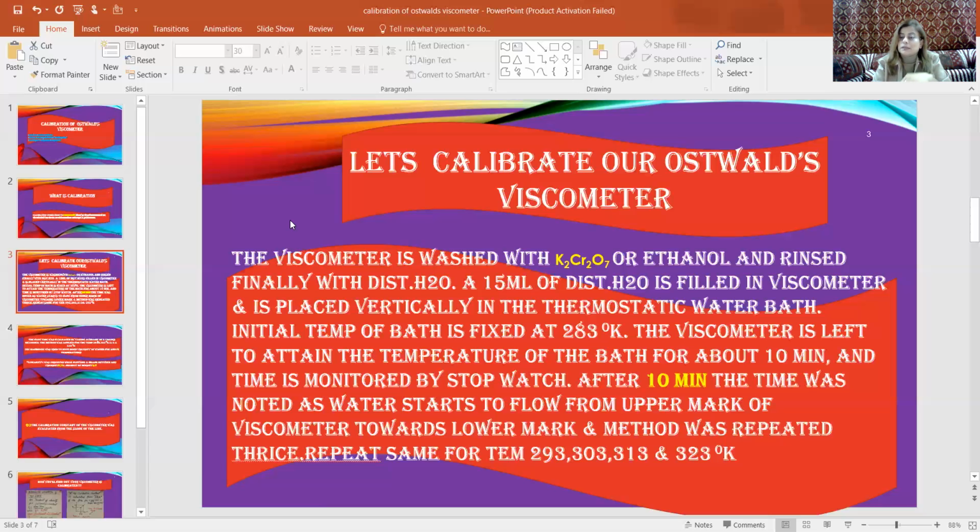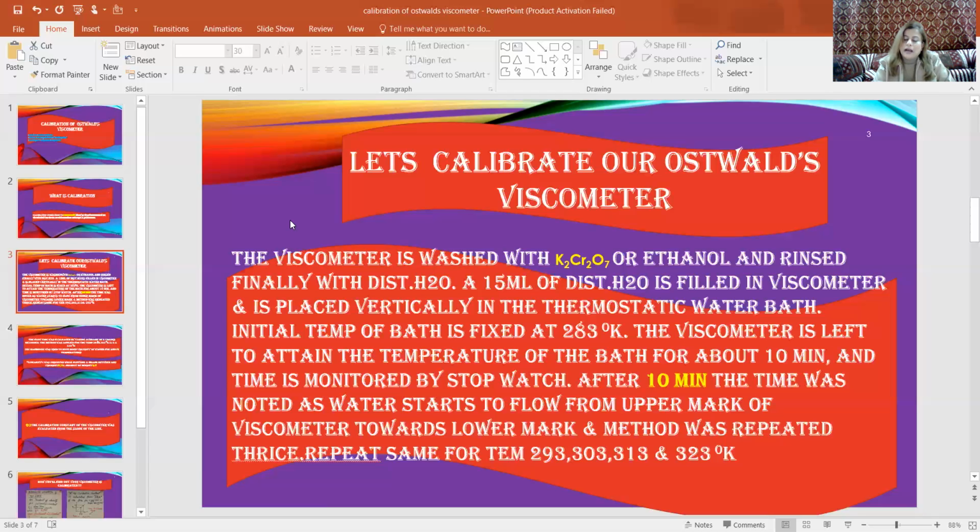After 10 minutes, the time was noted as water starts to flow from the upper mark of the viscometer towards the lower mark. Yes, of course, with the gravitational pull, it will flow down from the upper mark towards the lower mark, and this will be repeated thrice, at least thrice. And then you will take the mean of these values.